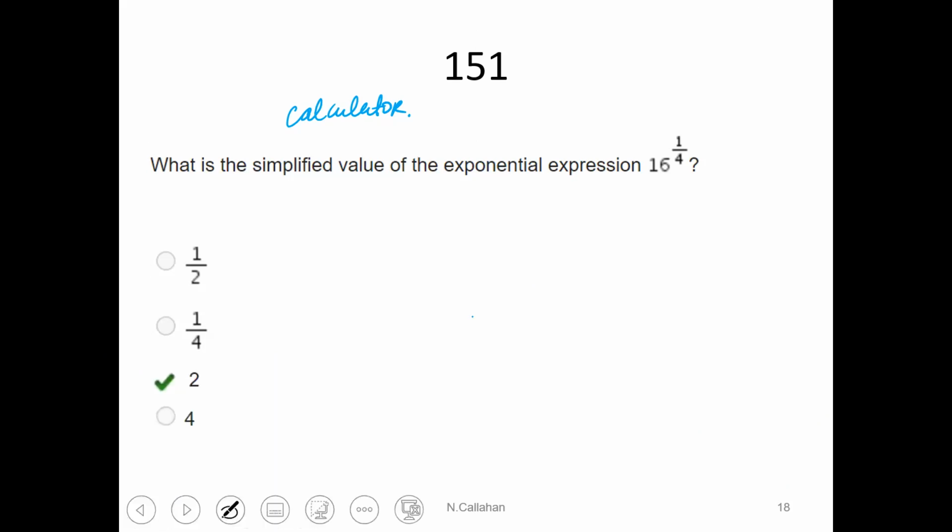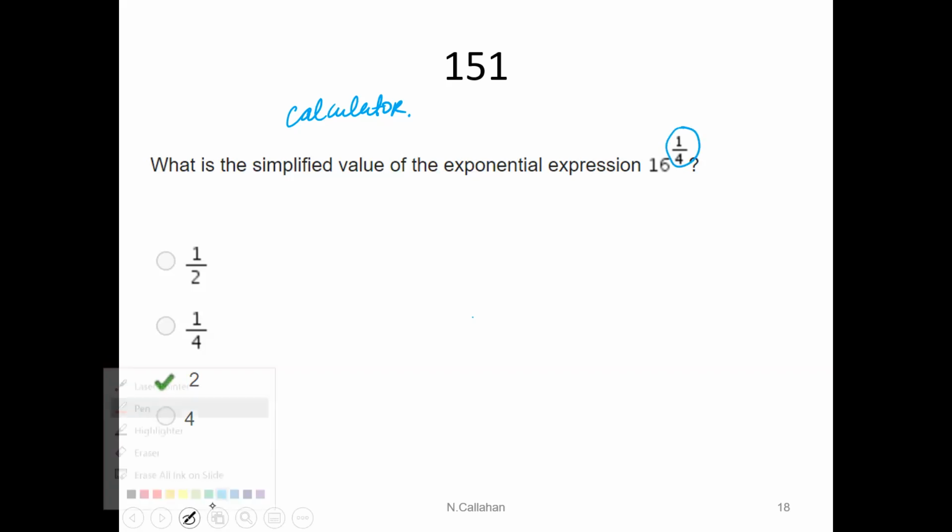All right, so let's go ahead and take a look at this part right here. So go ahead and circle that part right up there. The top part here is the root. Or no, sorry. The top part here is the exponent. I apologize.